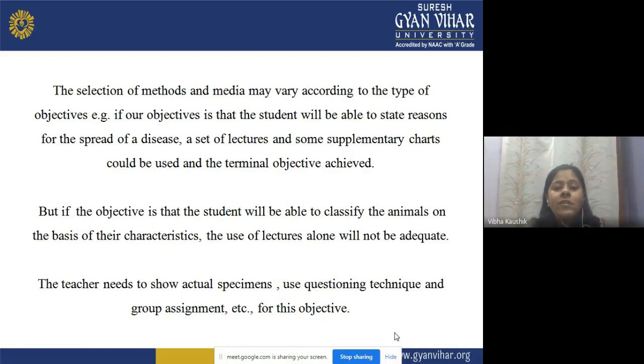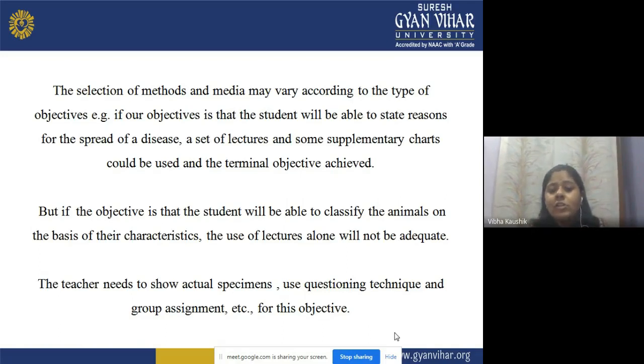For example, say the objective is that the student will be able to state reasons for the spread of a disease. Why? What are the reasons behind the spreading of a disease? Now, which method can I use?